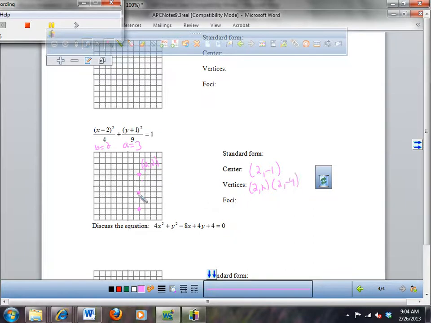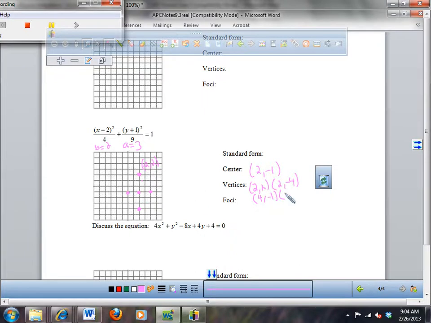And then I have to find the other 2 vertices, which are over 2 from here. So that point would be 4, negative 1. And the other one would be back 2 from over there.